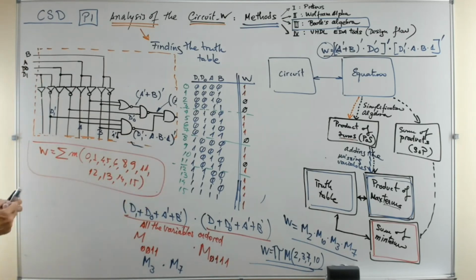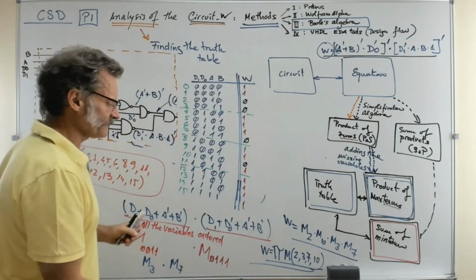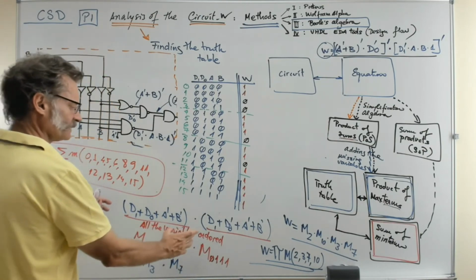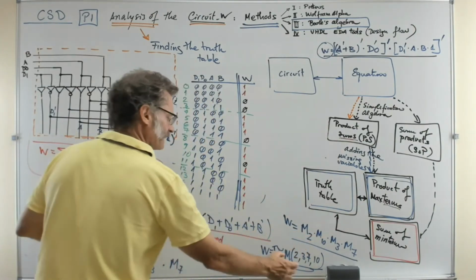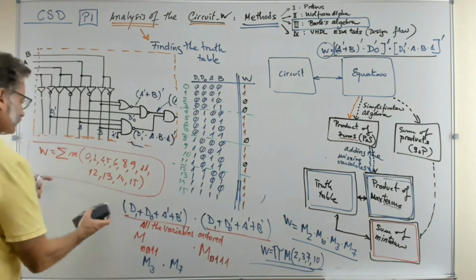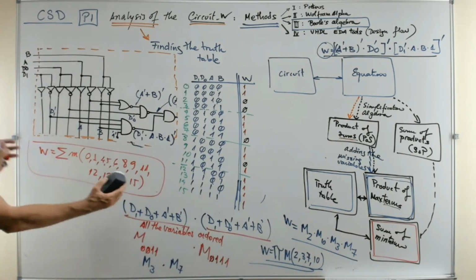All right? Which means that now, instead of a product of 4 maxterms, you have an expression that can be developed as well, because this is the compact way.